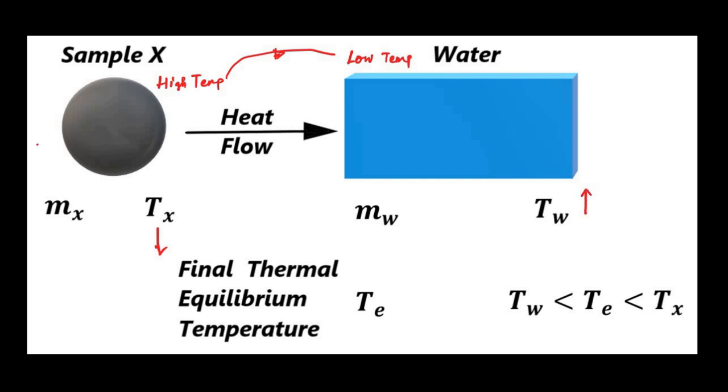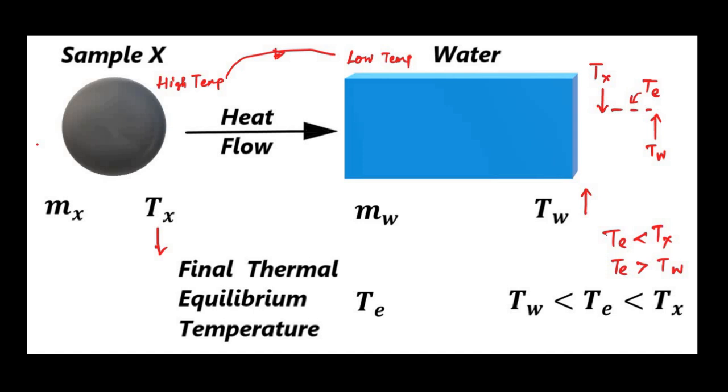Now when will it stop? Till the temperature Tx gets lowered and the temperature of Tw increases to the same level, and this same level is called the thermal equilibrium temperature. The thermal equilibrium temperature will be lesser than the higher temperature and greater than the lower temperature.